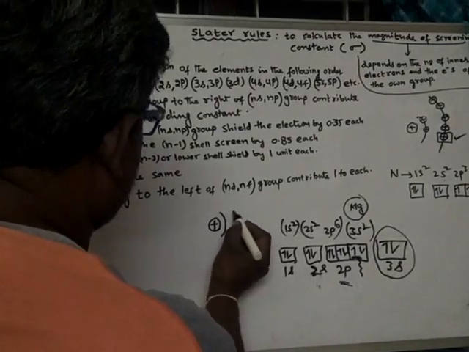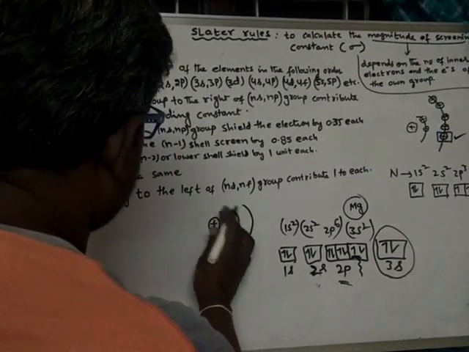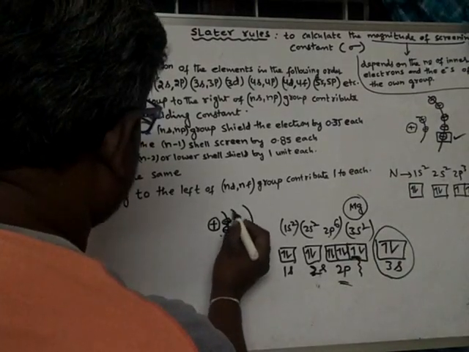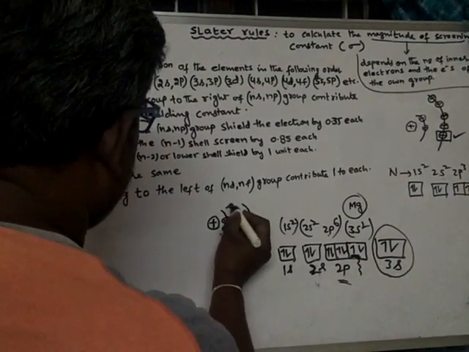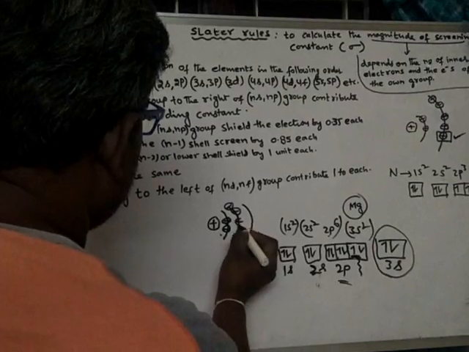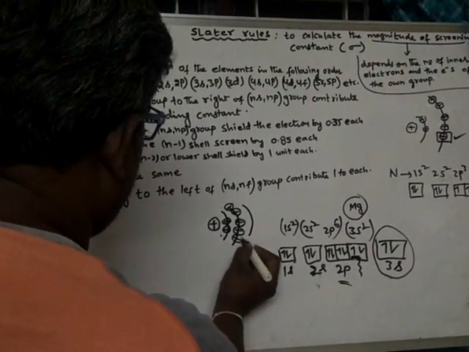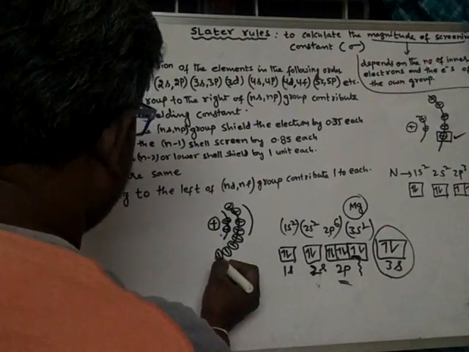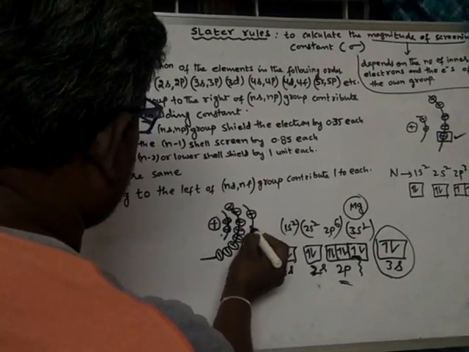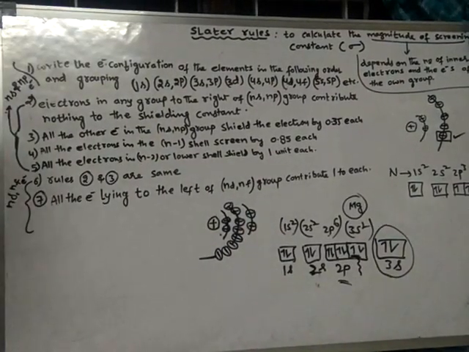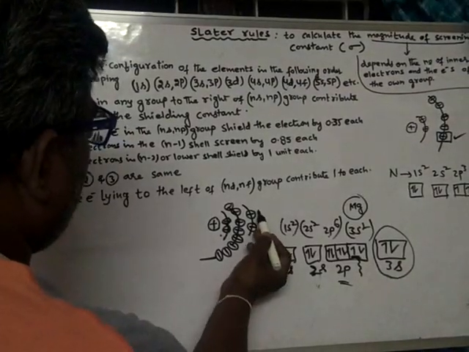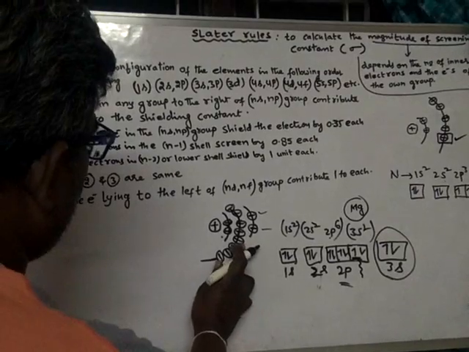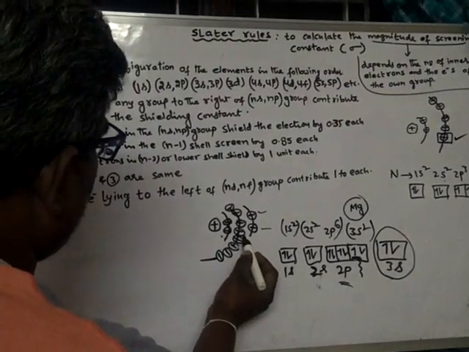I'll draw the electrons orbit wise like this also. So 2 electrons are present in 1s, and 2 electrons are present in 2s. In 2p, 1, 2, 3, 4, 5, 6 electrons are present, and in 3s, 2 electrons are there. See, look here, these are the 3s electrons. Suppose I am going to calculate the screening constant on this electron.